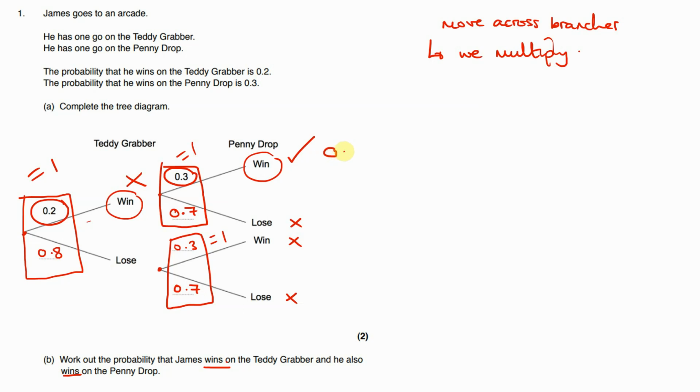That will be 0.06. So the probability that he wins then wins would be 0.06. Or you might know that this is a 6% chance. You don't need to write that though, a decimal is completely fine.